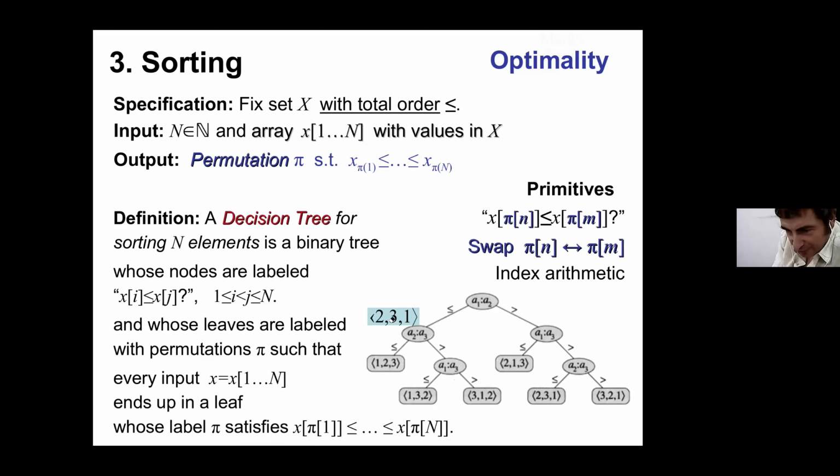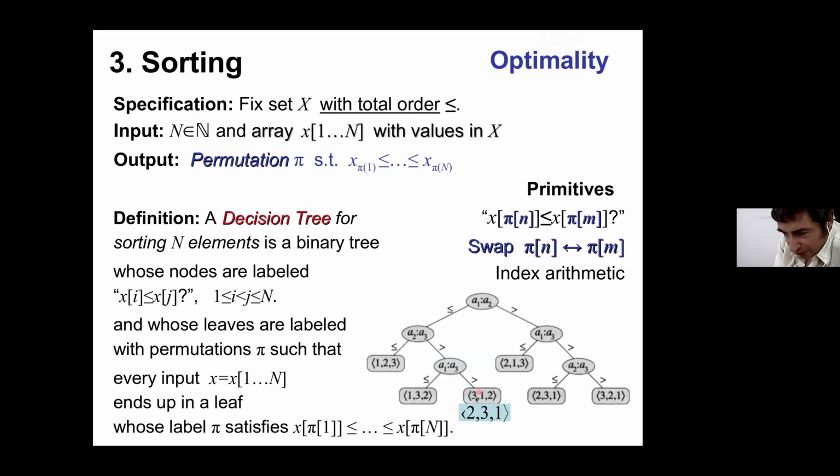Now 3 is bigger than 1, so you have to go this way. Then I have to compare this with that, and 2 is bigger than 1, so I have to go right, and then I arrive here.